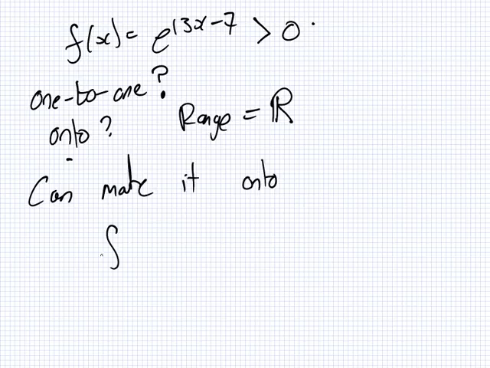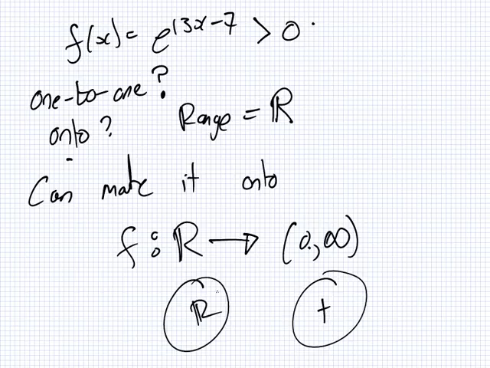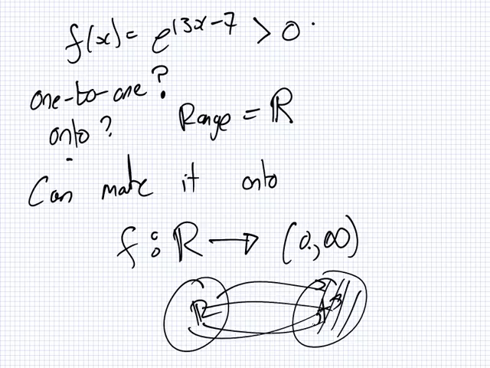All you need to do is change the codomain. So you say that f goes from all the real numbers to the positive numbers. So now your function goes from R to the positives, not including 0. So now it is onto because everything gets covered here.